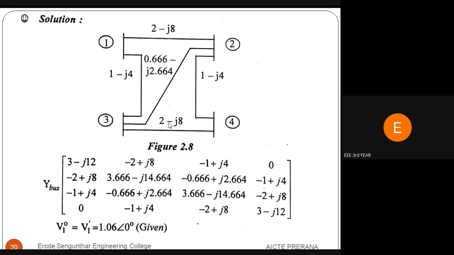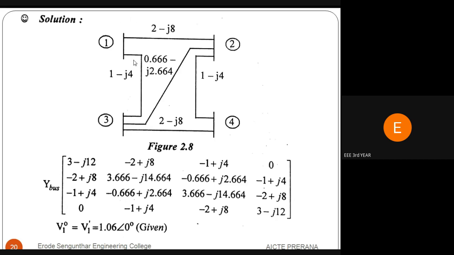Now, from this diagram, we want to form the Y bus. First is Y11.